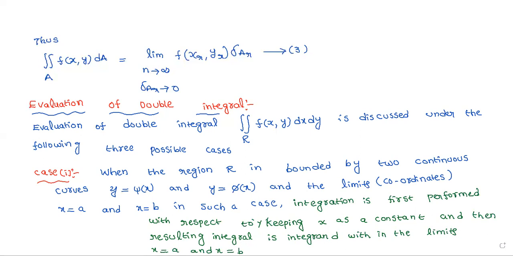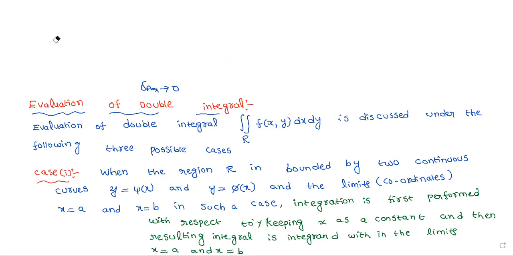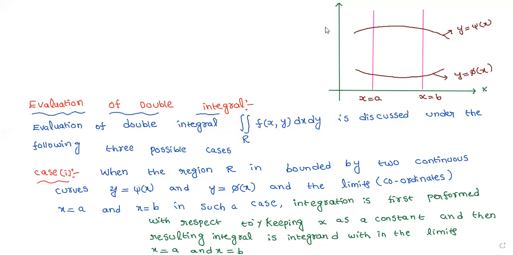Right, now draw the diagram. So this is the x-axis and y-axis. These are the two curves, x equal to a is one line, x equal to b.